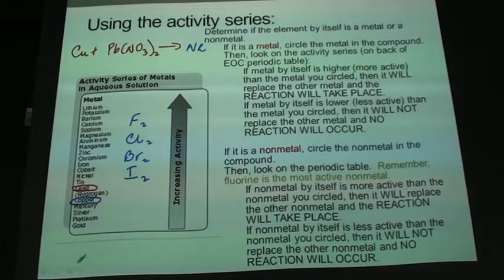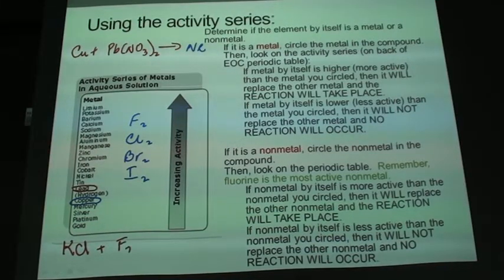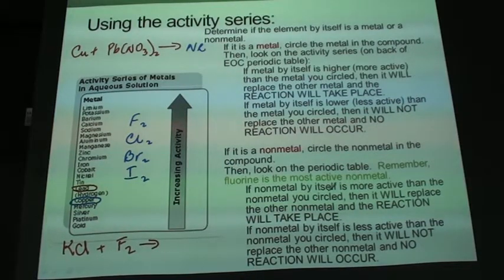So what would happen if we had this reaction? Where is the nonmetal that we start with? And the nonmetal that we're going to try to replace? Is the solo higher up than the one in the pair? Yes, so it will replace.